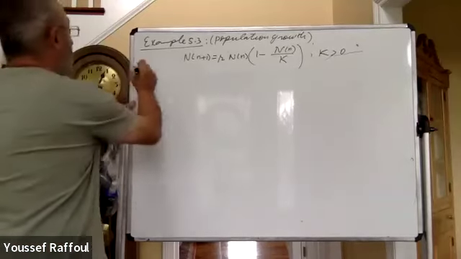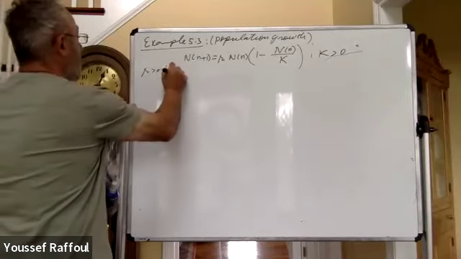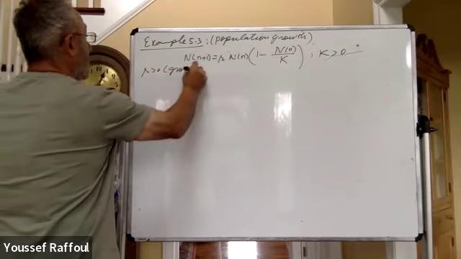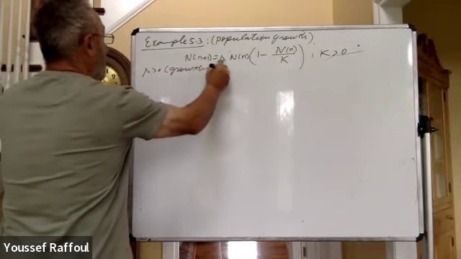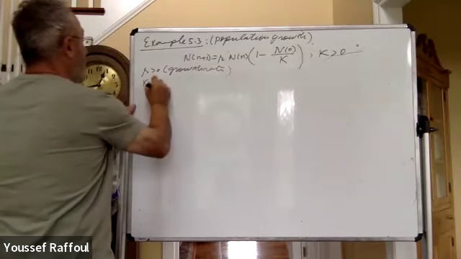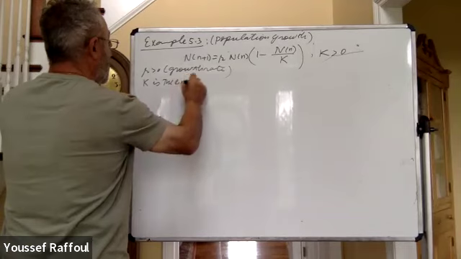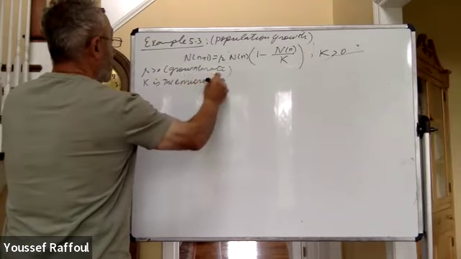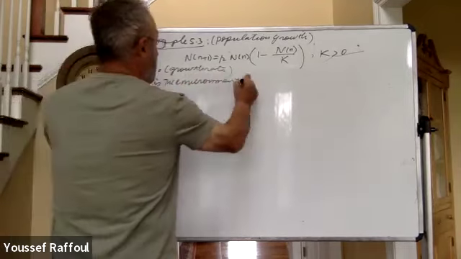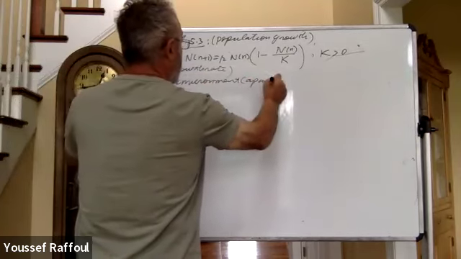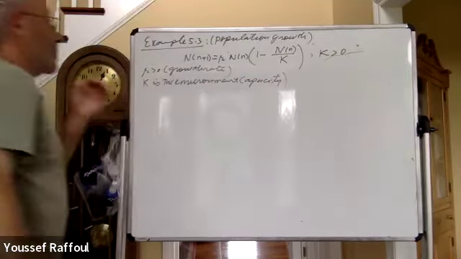So here r positive is the growth rate, and K is the environment capacity. Okay?